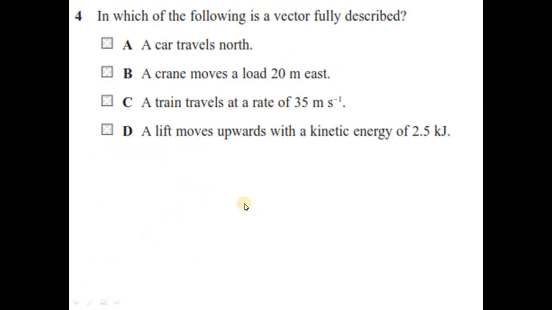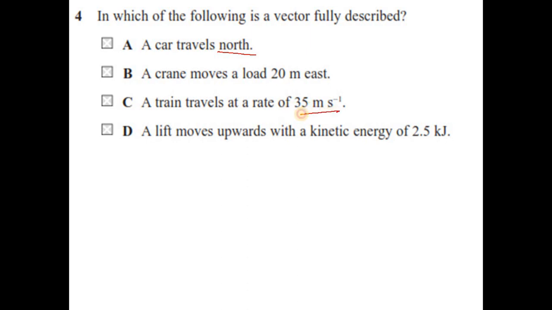Question 4. In which of the following is a vector fully described? A car travels north, it has a direction but no magnitude. A crane moves a load 20 meter east. A train travels at the rate of 35 meters per second.